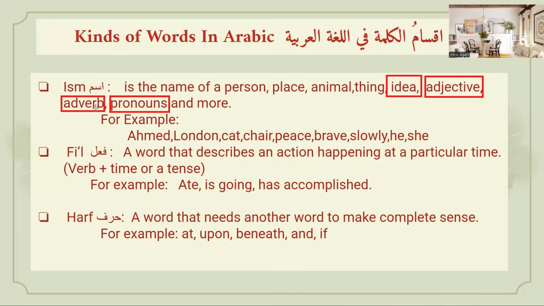So what is an ism? Ism is a big, large group of words in Arabic. In ism, you have the name of a person, place, animal, or thing. This is the noun in English, right? So noun is called ism in Arabic, but pronouns are also included in the category of ism, even adjectives and adverbs, and ideas also. Ideas like democracy, or peace.